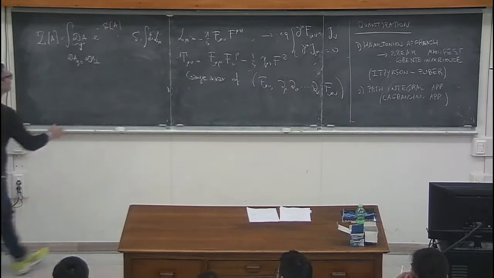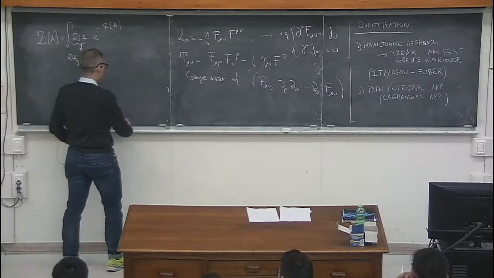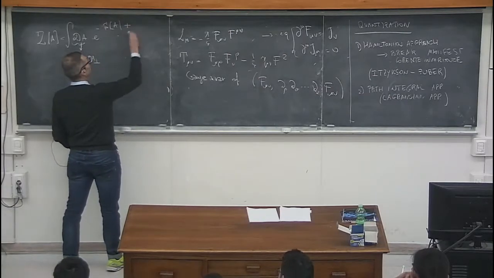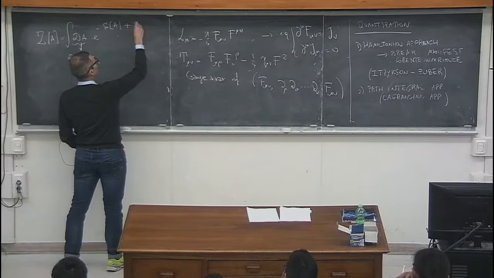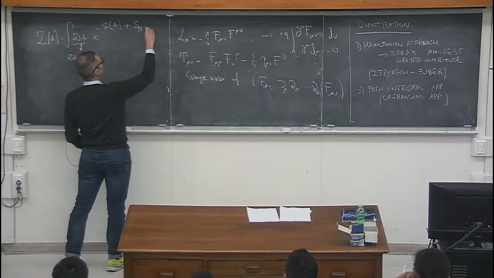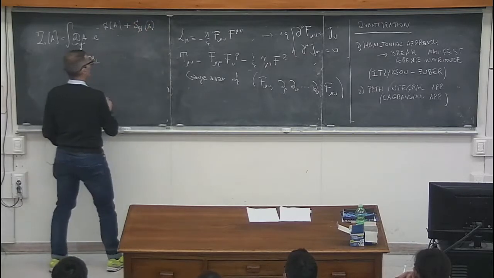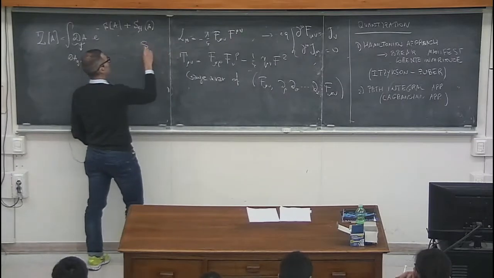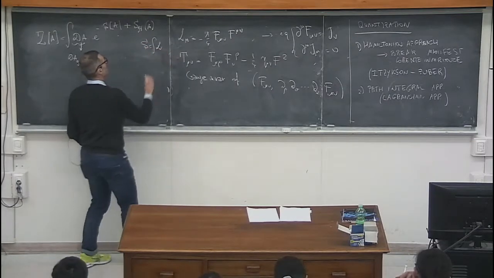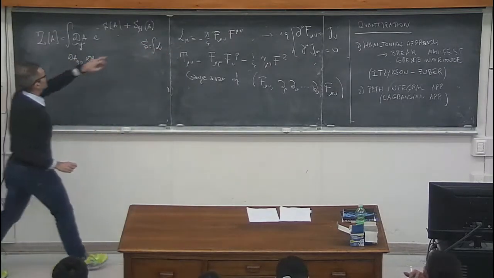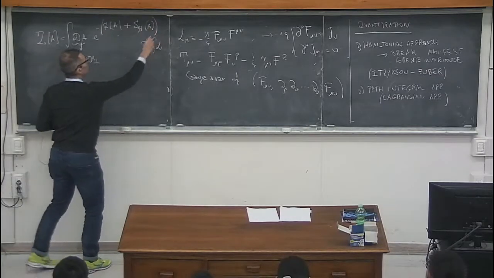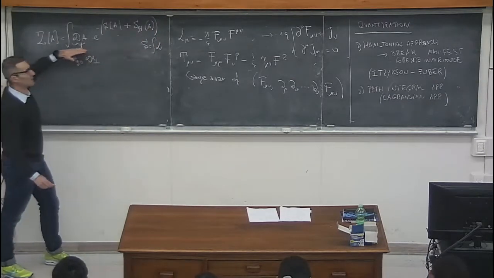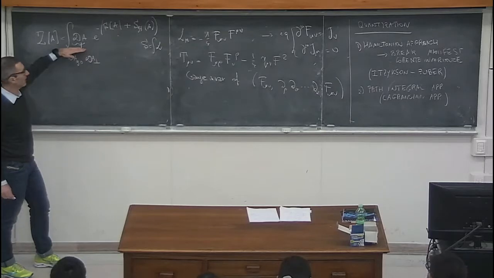So the trivial thing to do here is to add to the theory new terms. Let me write this down as a gauge fixing, which will depend on the fields. The action is just the integral of the Lagrangian, so I try to add a piece to the action in such a way that this integral is convergent.